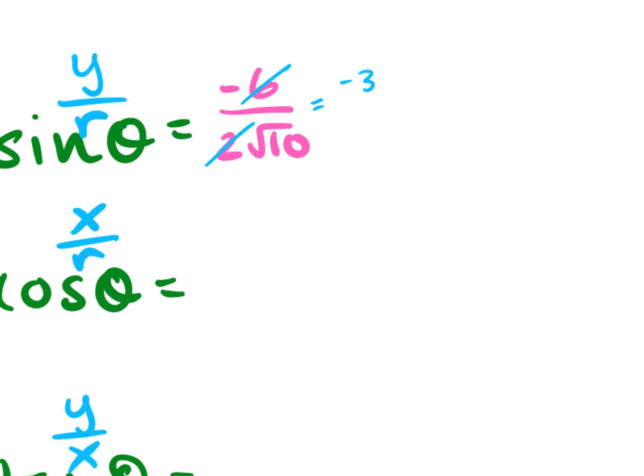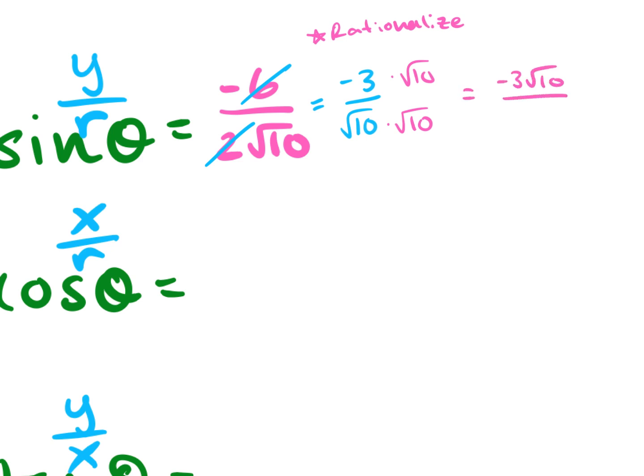So we get -3 over square root 10. Now what do we have to do? Rationalize. We're going to multiply the top and the bottom by square root 10. So we're left with -3 square root 10 over 10. Questions here?